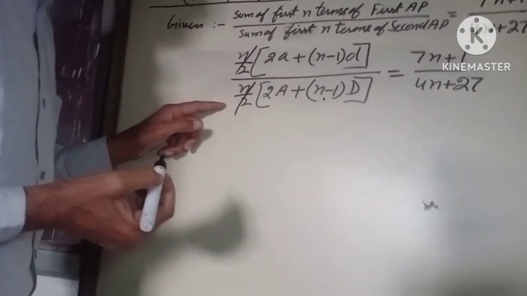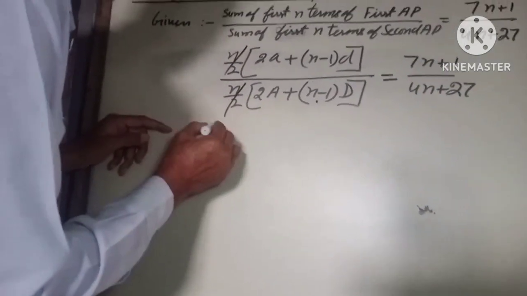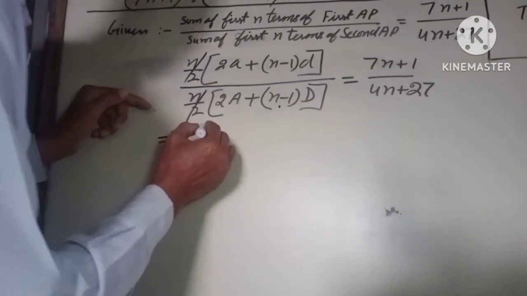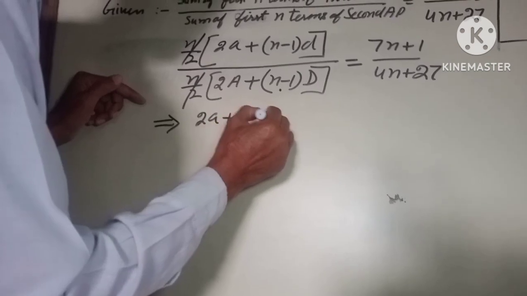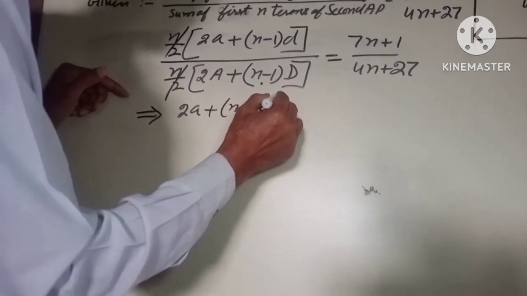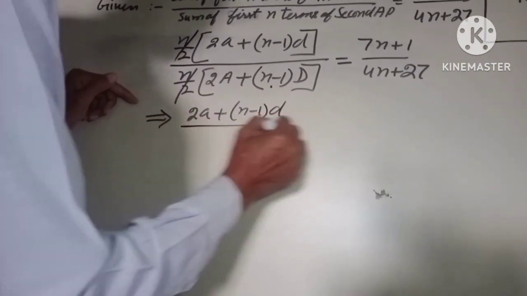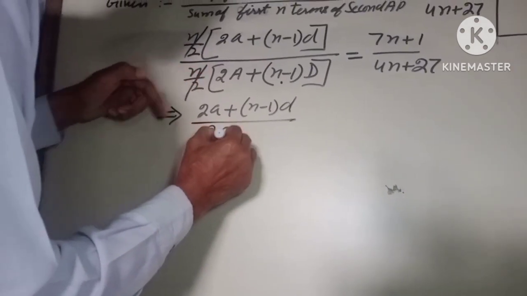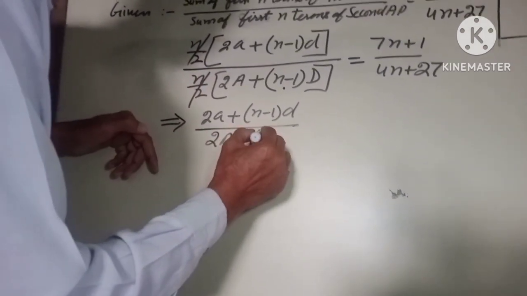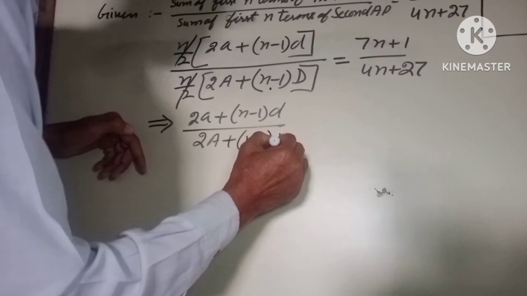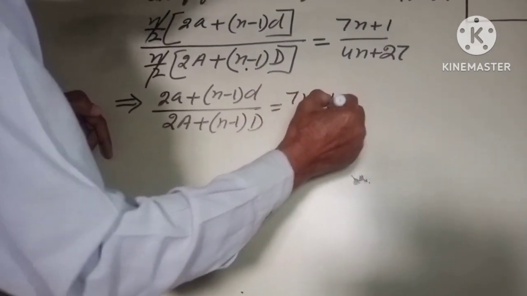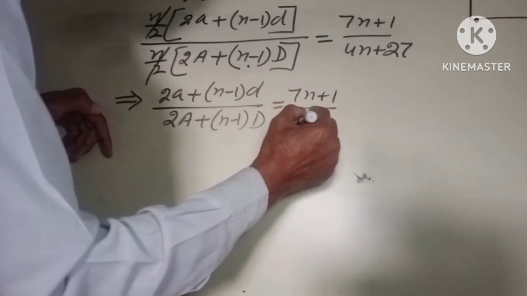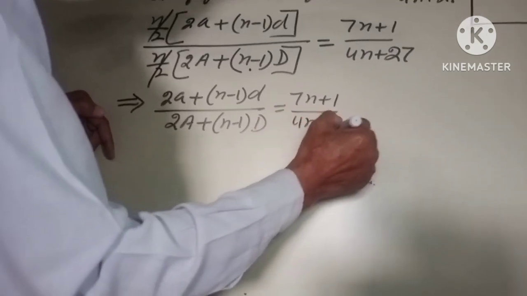You don't need it later on. So this implies 2a plus n minus 1 into d upon 2A plus n minus 1 into D is equal to 7n plus 1 upon 4n plus 27.